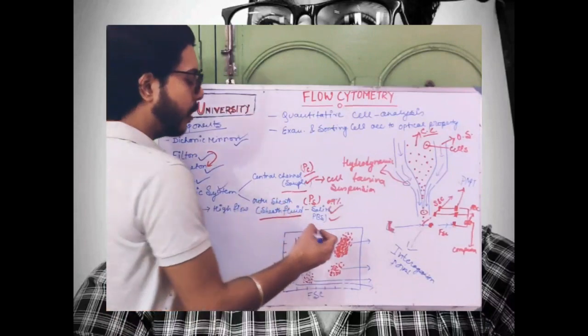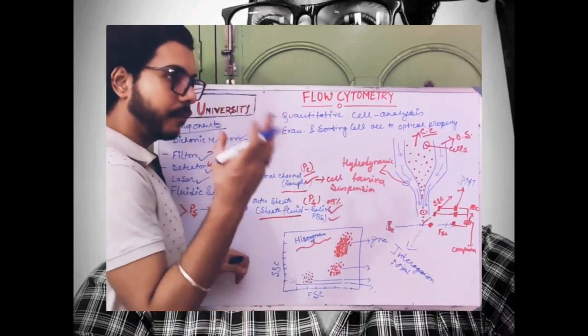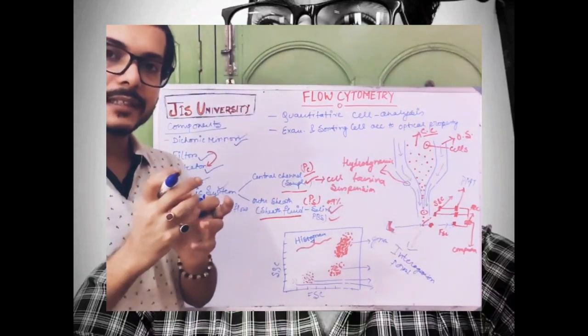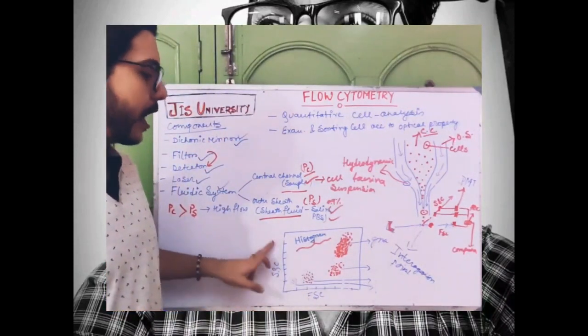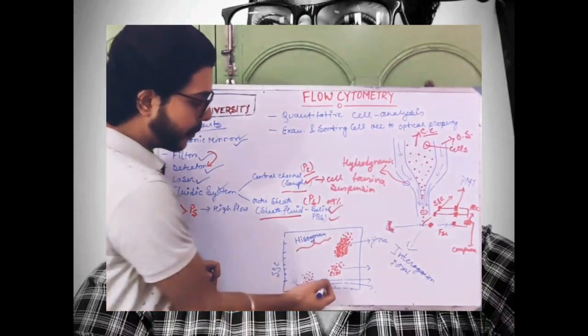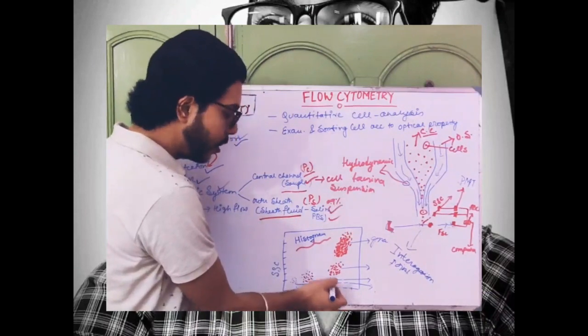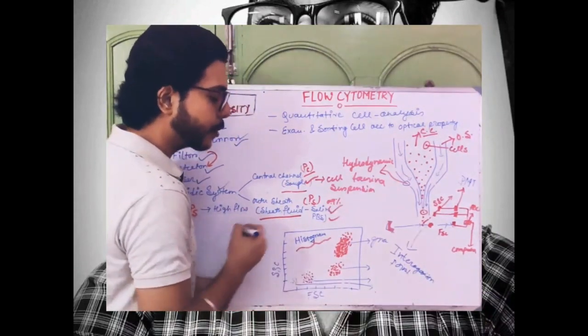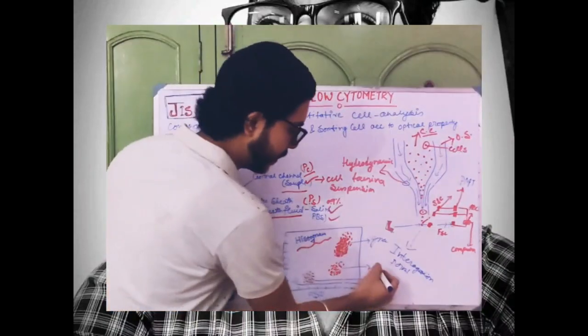So this could be a granulocyte, because there are so many granules inside the cell which cause the obstruction, and that's the reason it has a high SSC value. This particular component has a high FSC value, but it is lower in SSC. This could be a compound such as a monocyte.